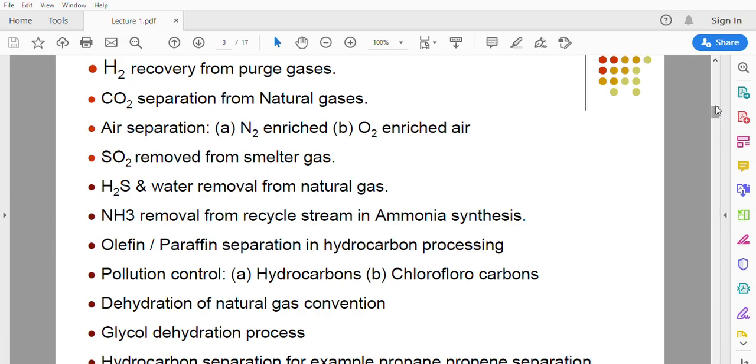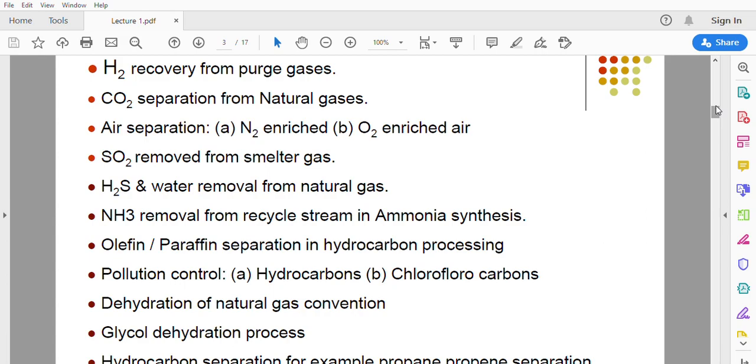So in the product you will get ammonia as well as hydrogen and nitrogen. Now the molecular size of ammonia is much larger than that of nitrogen and hydrogen, so you can easily separate the ammonia from the nitrogen and hydrogen using the membrane based process.